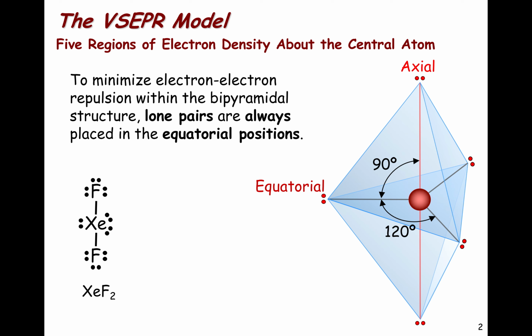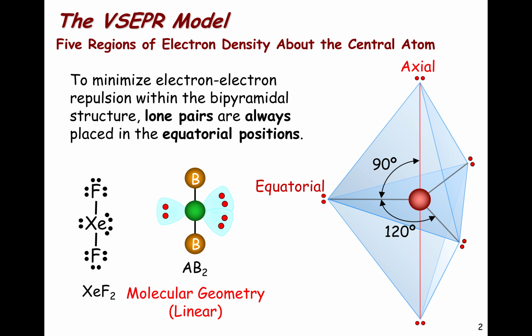A good example of this would be something like xenon difluoride, where the structure has the two fluorines and also has some lone pairs. We have to consider how much space is being occupied by the various kinds of electron pairs.